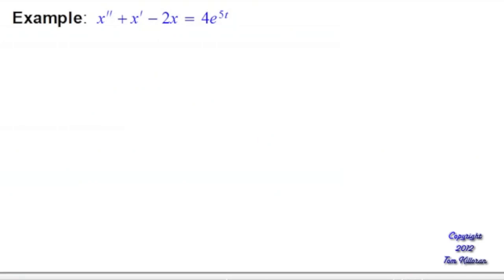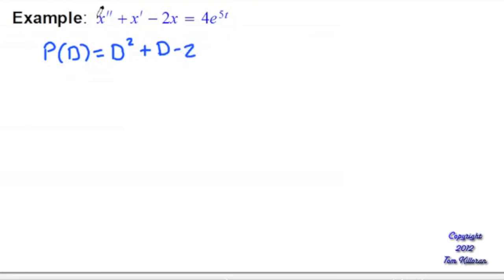So for instance, a simple one: if we have x double prime plus x prime minus 2x is equal to 4e to the 5t, then I'm going to set up a couple of things. The first thing is p of D, because I'm going to use that later on. This would be D squared plus D minus 2.